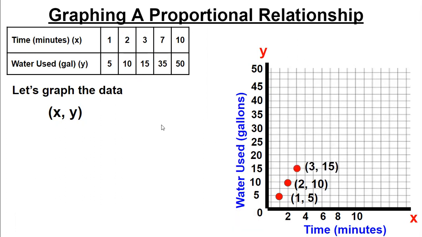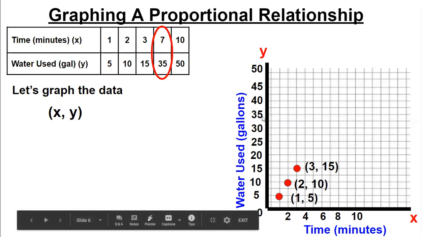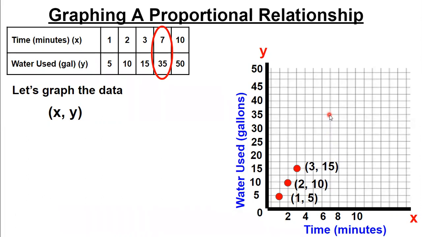Then we do 7, 35. So we find 7, here's 7, and I go up to 35, and I'm going to put my dot right there, where my red mark is. And that's 7, 35.